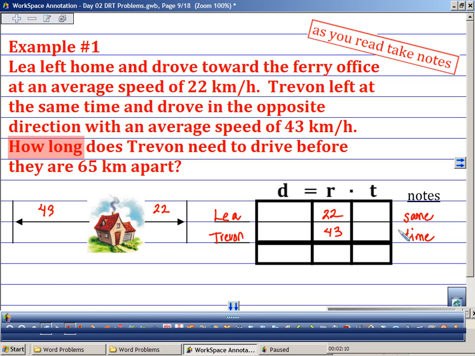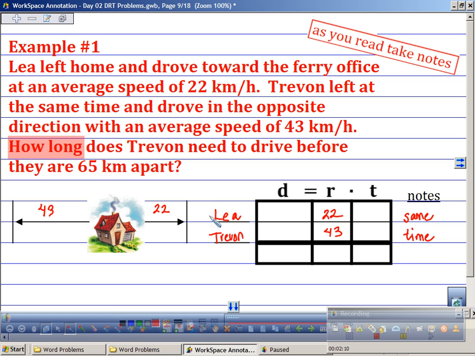So where do you think I'm going to put my variable? Under T for time. How long who? Trevon. How long does Trevon need to drive before they are 65 kilometers apart? So under time, I'm looking for how long it took Trevon.